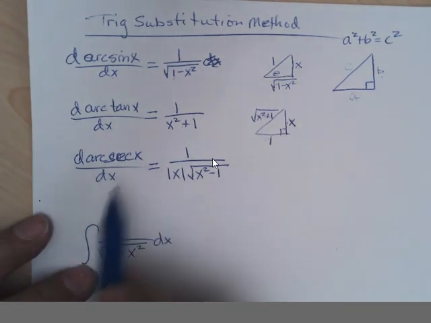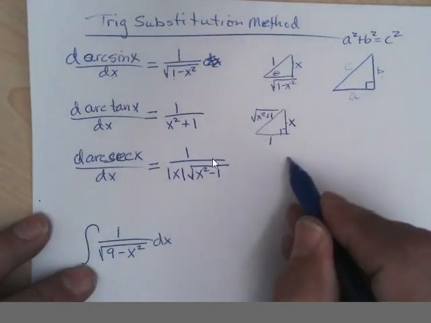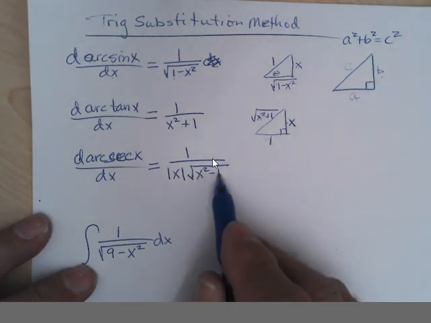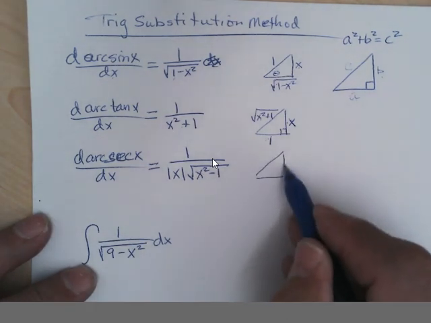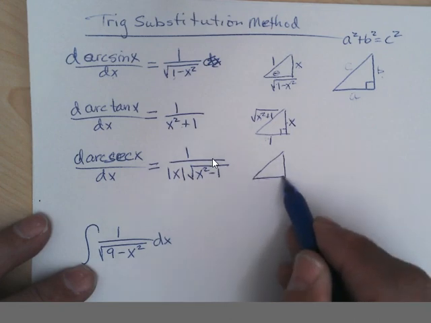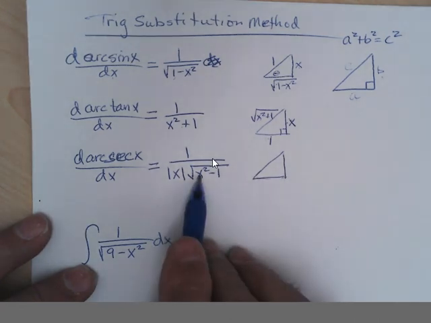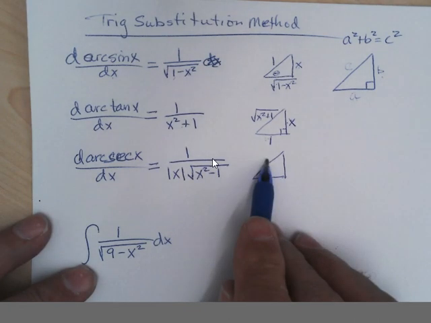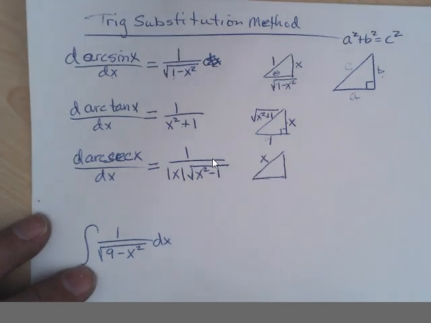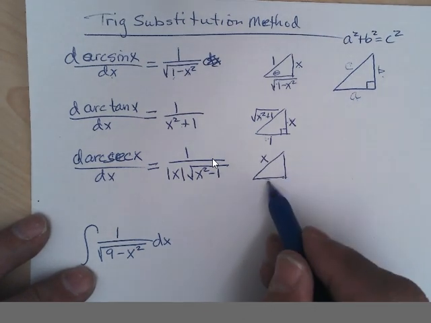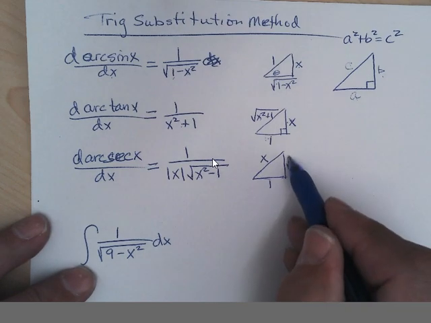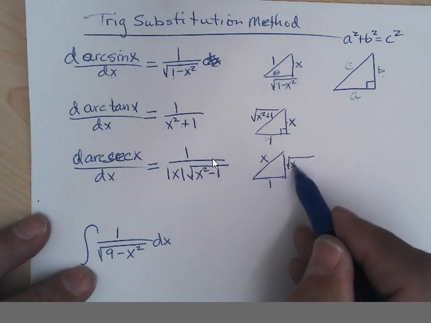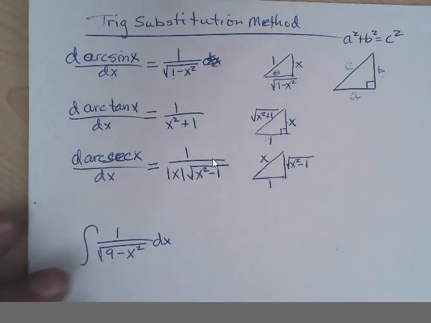If I was doing arcsecant, where I'm taking 1 from x squared, then I would put the x on the hypotenuse and 1 on one of the sides, and the opposite would be the square root of x squared minus 1.